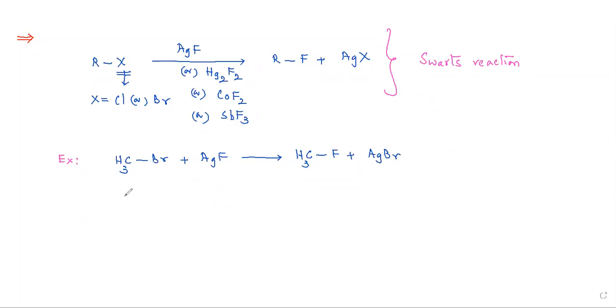We can also consider ethyl bromide; with this, if Hg2F2 is used, we get ethyl fluoride, along with Hg2Br2. Okay, so this is Schwarz reaction.